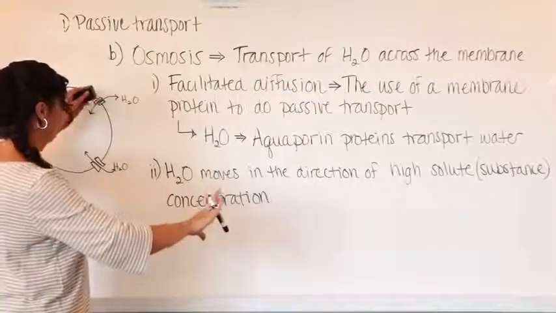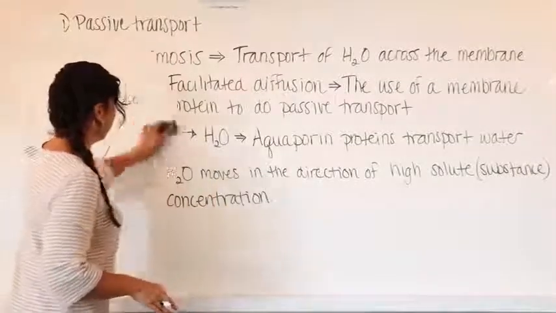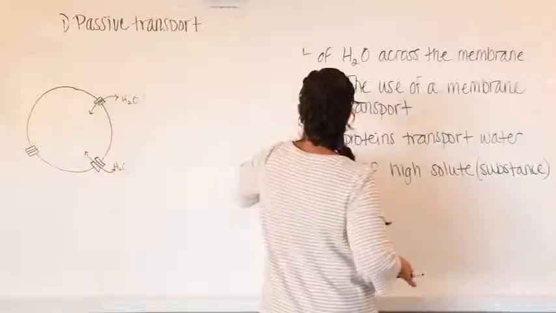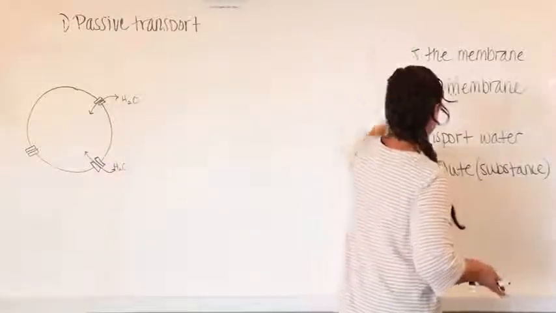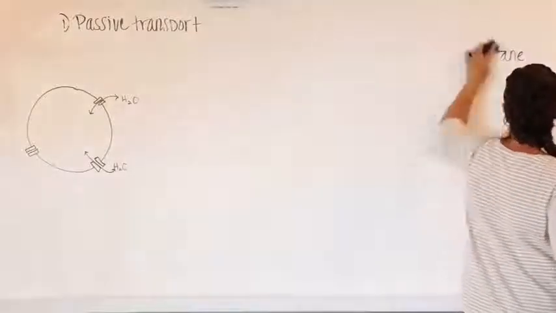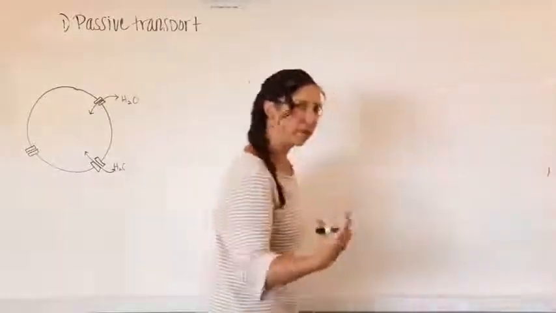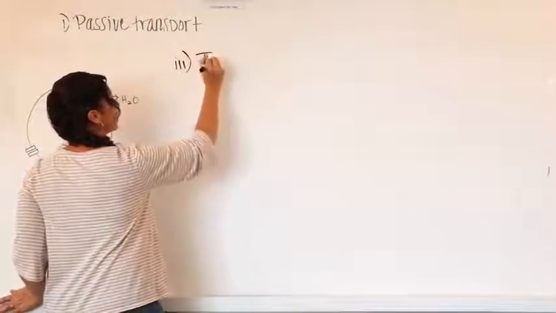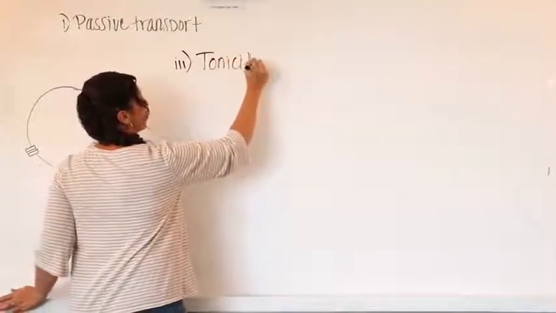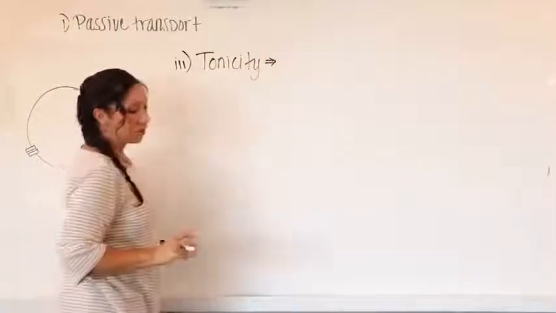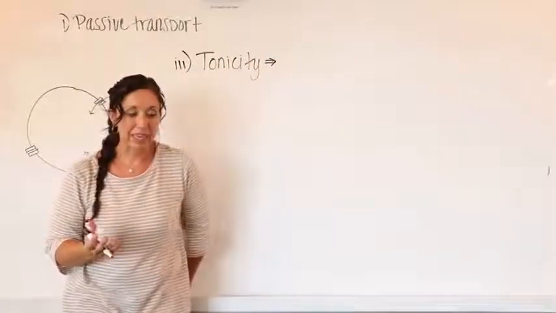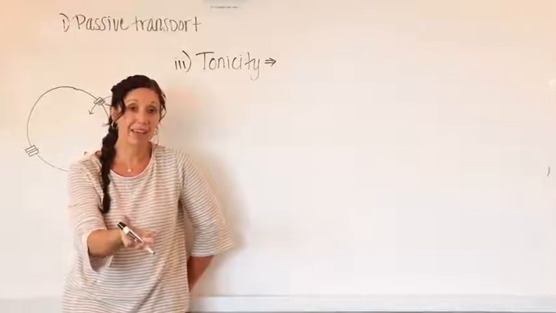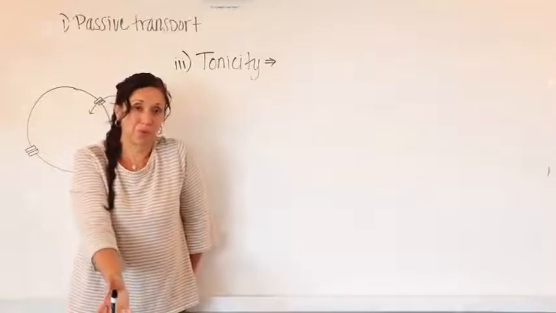Now I'm going to erase this part and do a little number 3. We have a word for what makes water move in the direction it needs to move. It's called tonicity. The word tonicity means the ability of a solution to cause a cell to gain or lose water.